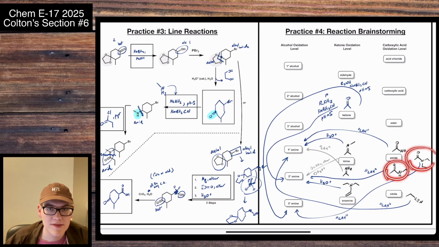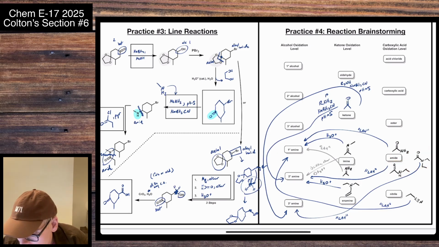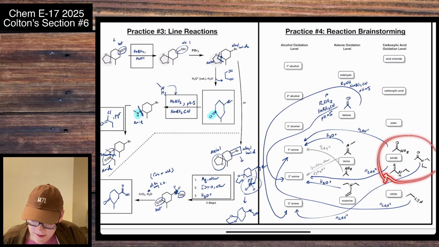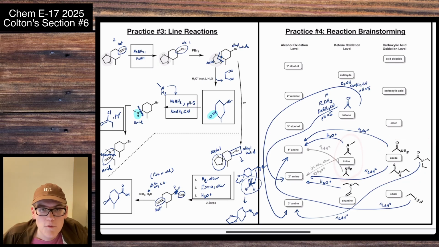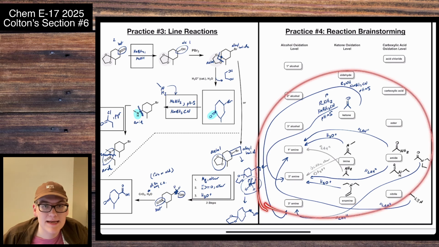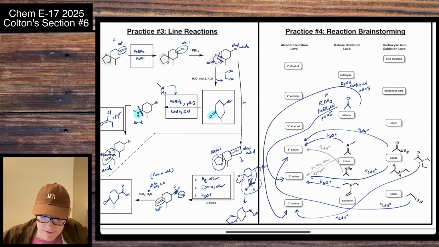We could start off with all these different versions of amides, all these different versions of amines. We can get different starting materials in terms of primary, secondary, or tertiary. Now, we could do a much more simplified version of this web. This web is really complicated here if we didn't distinguish between primary, secondary, and tertiary amines.